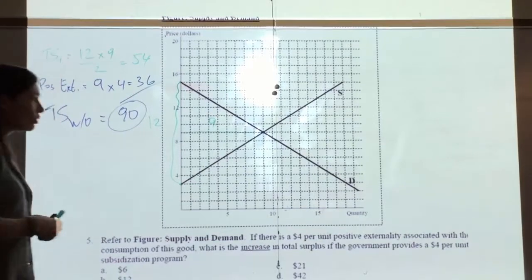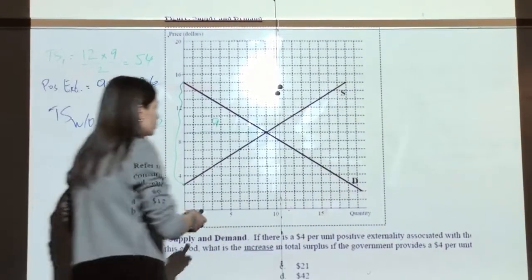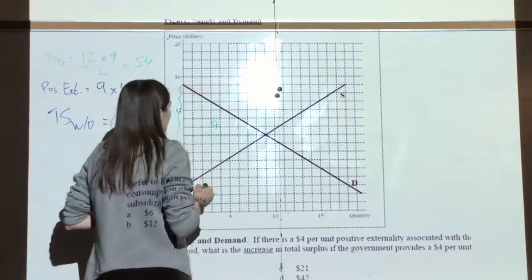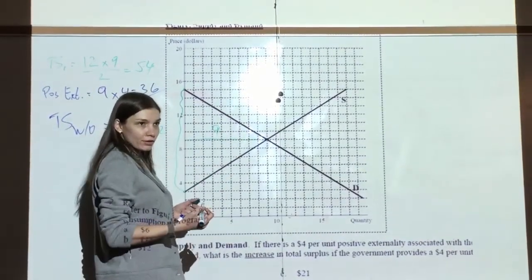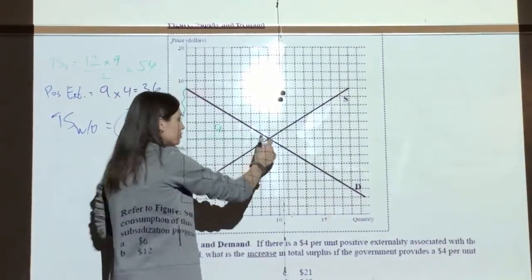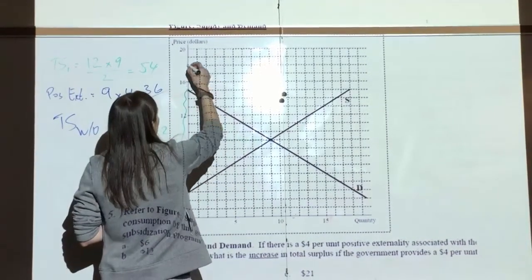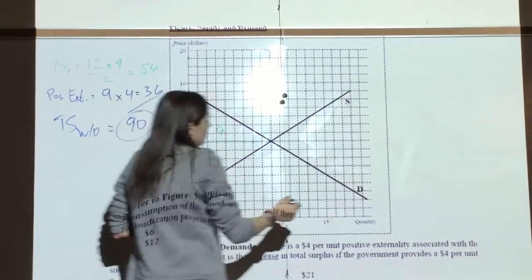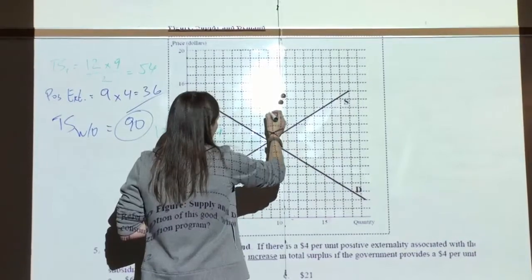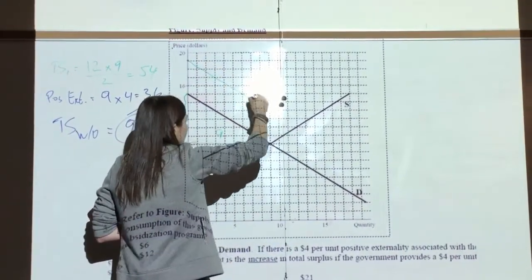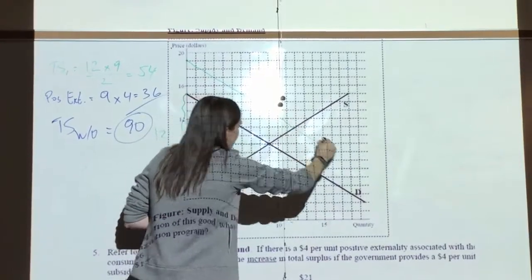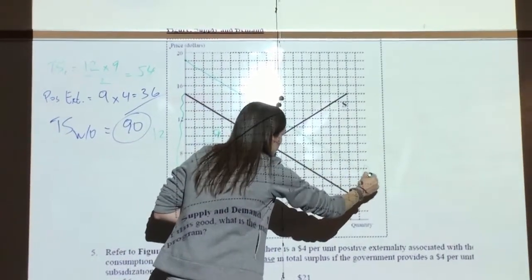So the true benefit of this good, which is represented by the social demand, is going to be $4 higher than what this demand curve is representing. So 1, 2, 3, 4, and then 1, 2, 3, 4 here. We have a shift of the demand curve to the right, and this is the social demand curve.